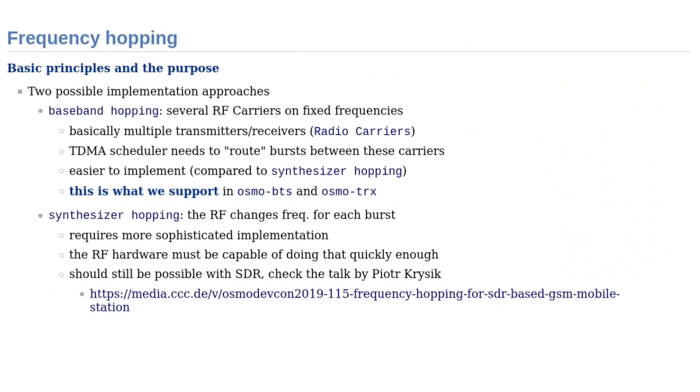In the TDMA scheduler itself, you just need to route bursts between those radio carriers. This approach is relatively easier to implement compared to synthesizer hopping, and this is exactly what we support in Osmo BTS and OsmoTRX so far. I think for Osmo BSC there is no difference.